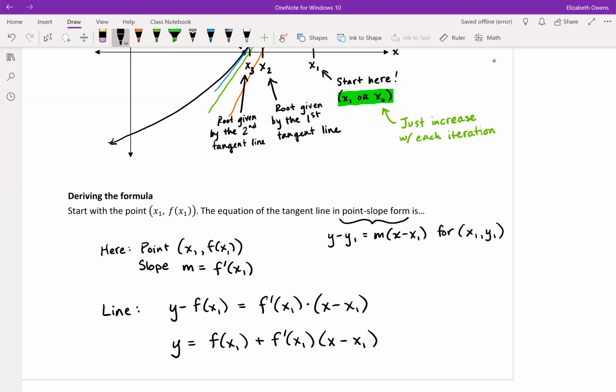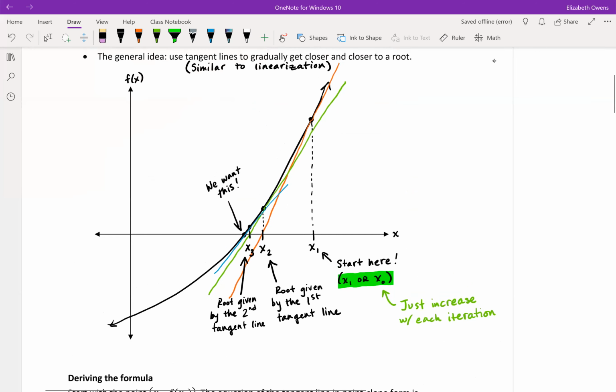And that might look a little familiar because this is basically a linearization of the function. So we've linearized this function's behavior. We can use a tangent line to approximate what that function is doing. So the value y here is going to be quite close to the value of the actual function.